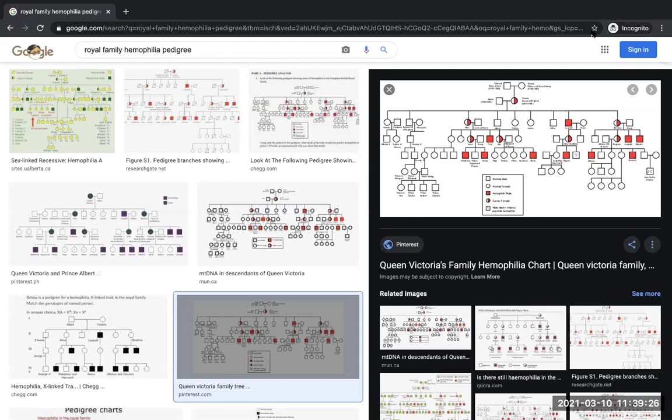Another thing that happens every month for ladies is menstruation. If you're a carrier for it, there's a chance that you're going to bleed a lot. One solution of Queen Victoria to this was staying pregnant. So look at the number of children she had.